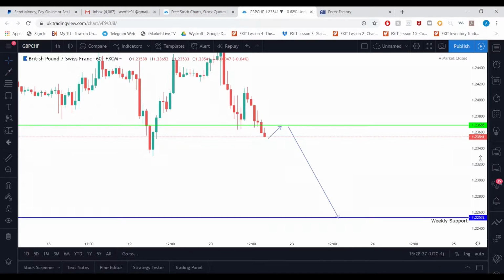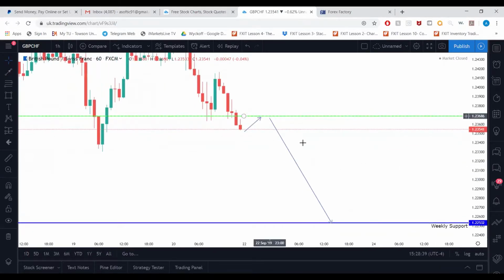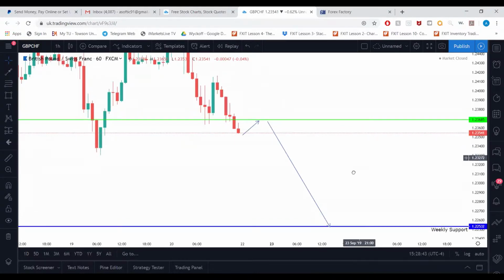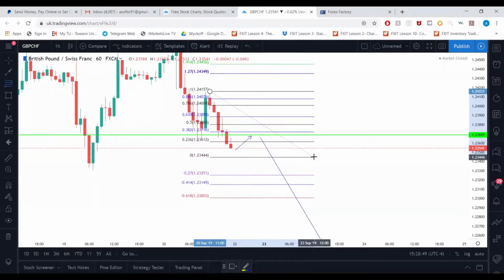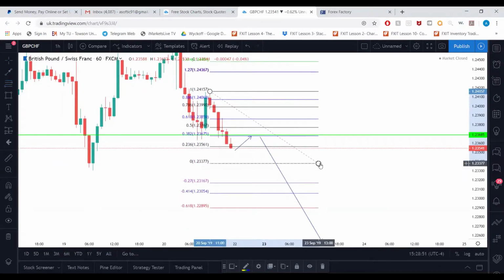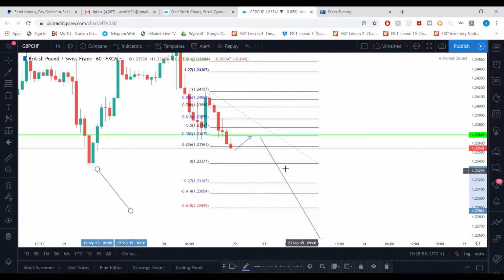So I don't want to get stuck in a drawdown, because at any point this can show some pullback, and we can use fibs again to measure that. Wherever this stops, let's say it pulls back to this previous low, which is the one right here, and rejects that, then we can look for either 38.2, which would be perfect.